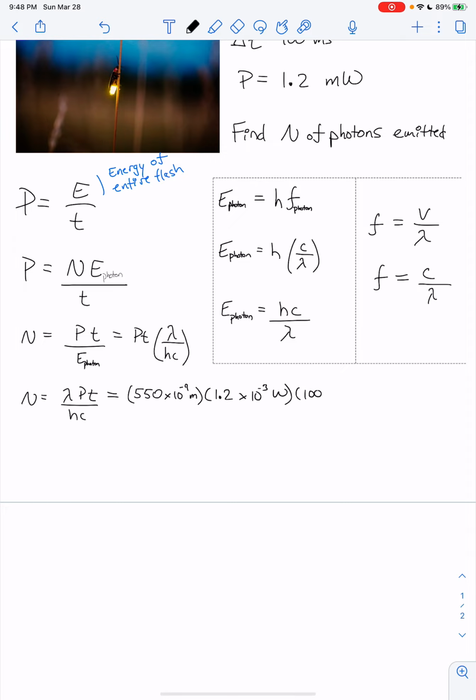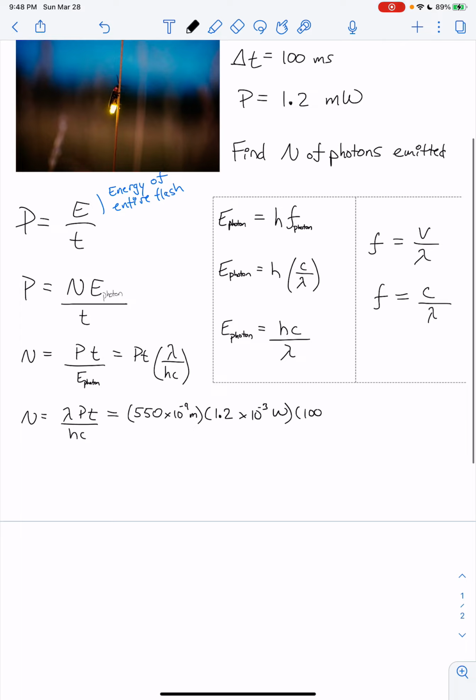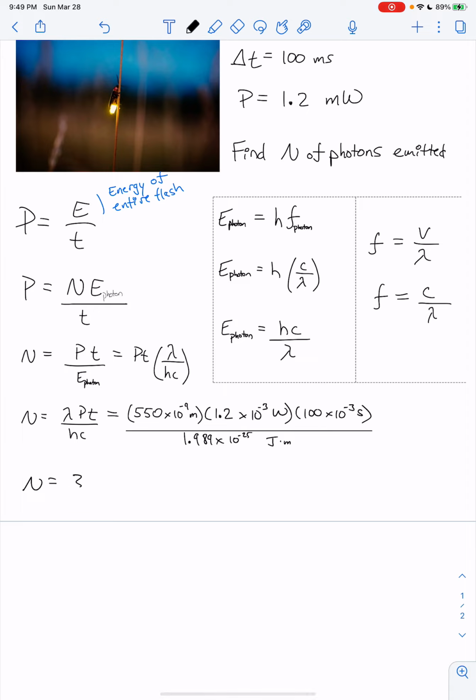Time was 100 milliseconds, so 100 times 10 to the negative 3 seconds, and then h times c. And in SI units, it's going to be 1.989 times 10 to the negative 25. That's joule meters. Okay, that will give us 3.3 times 10 to the 14 photons.